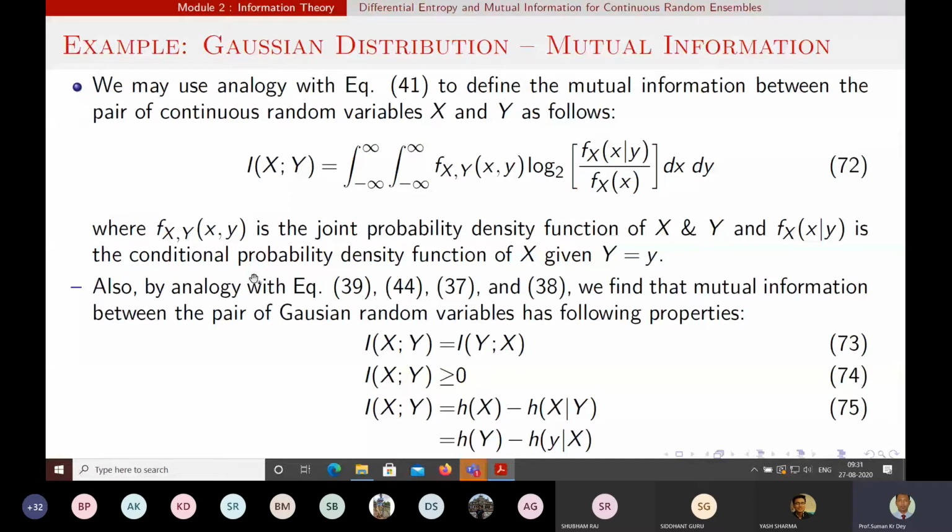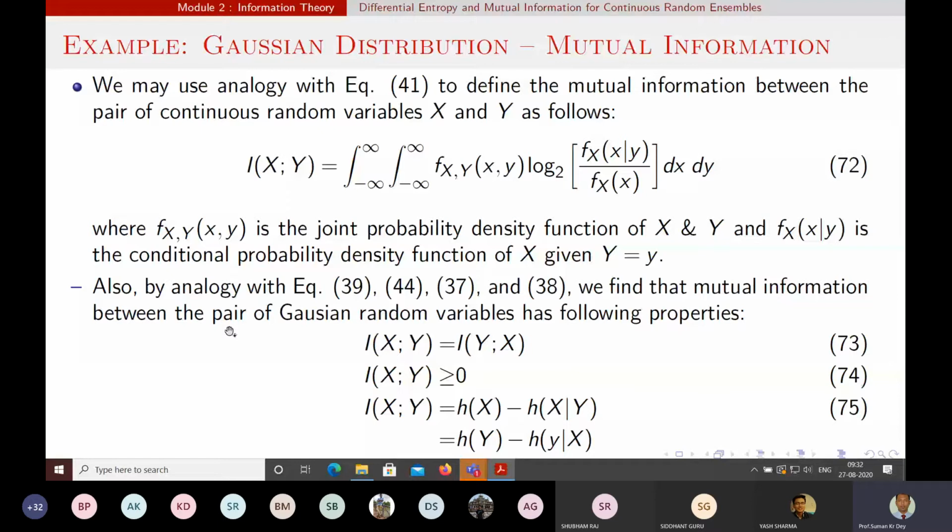That means when the y value is given, we can find the conditional probability density function of x, and that is denoted by this. Okay, so now we are getting these two terms.